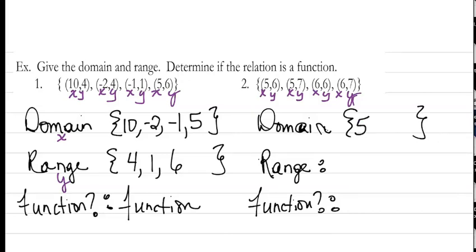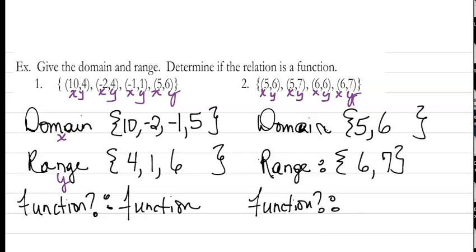It's already included in the first one. Then I have a 6. Then I have a 6 again, so I don't need to write that twice. That's my domain. I grab my x values from my domain. For the range, I'm going to grab my y values. So I have a 6, I have a 7. And again, I don't need to repeat the values once I write them down. So there's our domain and range.